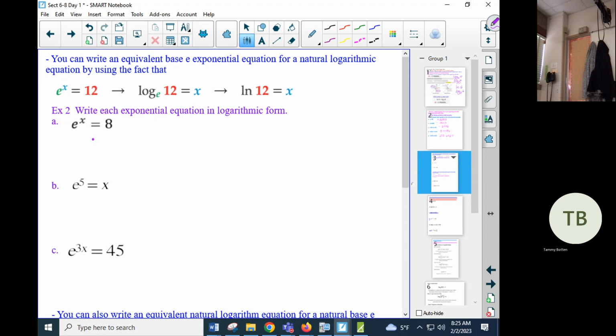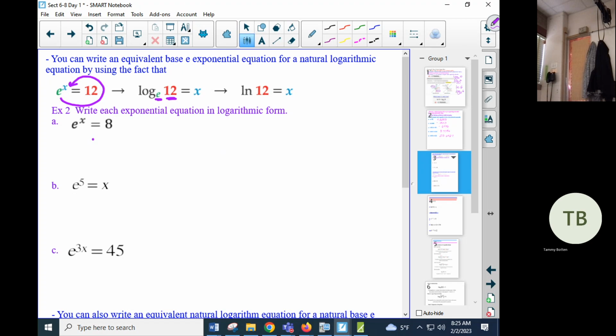So if I have e to the x equals 12, the first thing I do is write it in log form, like log form, not natural log form. And I do log, and you kind of put things in the order that you would get when you do your loop. So the e goes here, that comes first, the 12 goes here, and it equals the power, okay?